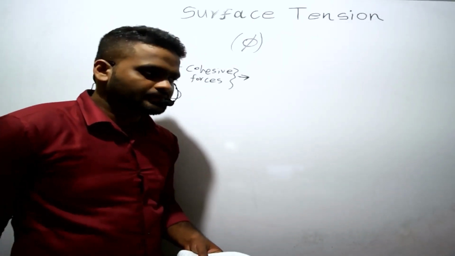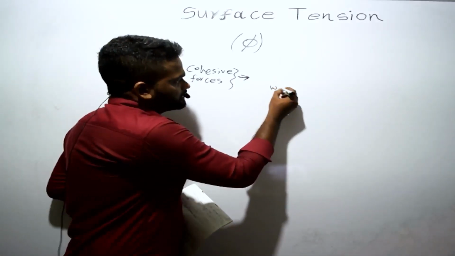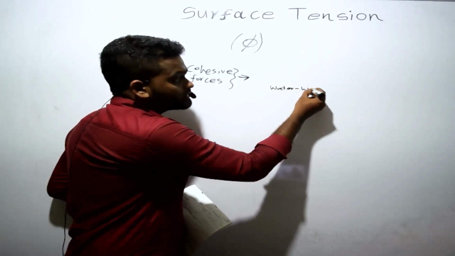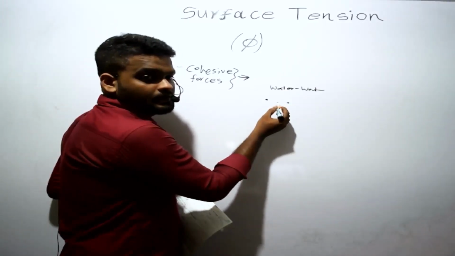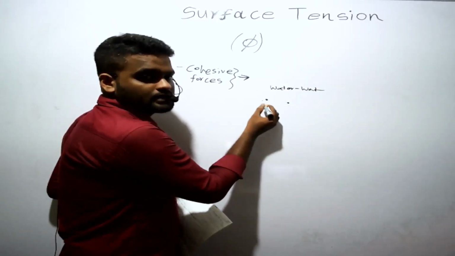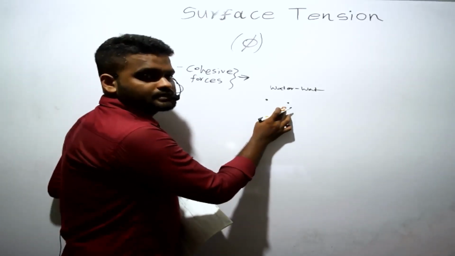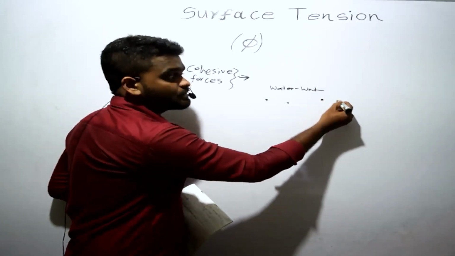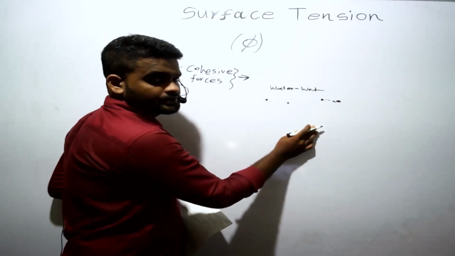What are they? If you consider water and water, two particles, both are water, then those are called cohesive forces. If you have two glass particles, those are cohesive forces, right? Understand?